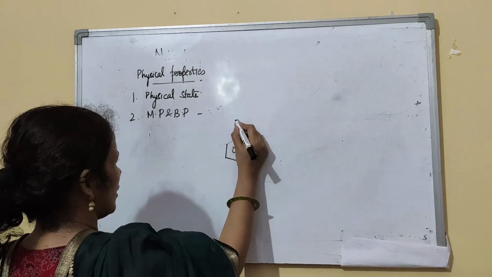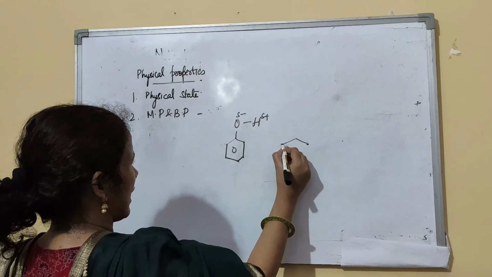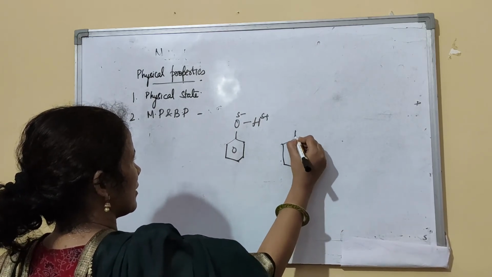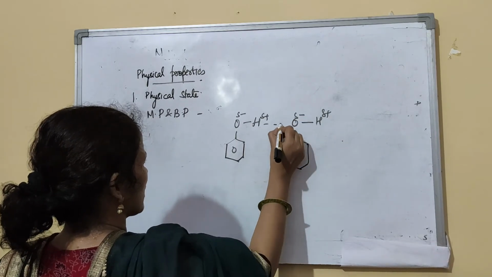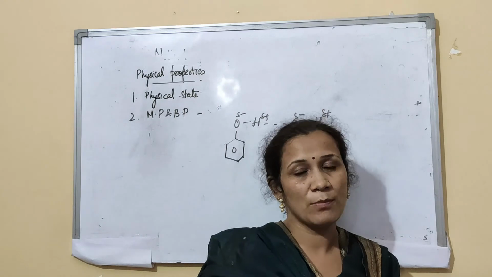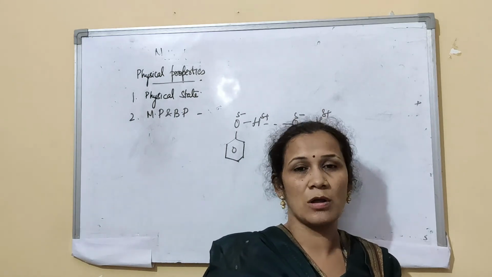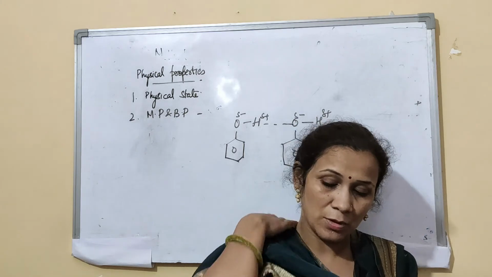In phenol, O is delta negative and H is delta positive, and you can see hydrogen bonding. Again, they are associated. So the boiling point of phenol or alcohol would be higher than the corresponding hydrocarbons. So that is the rule.